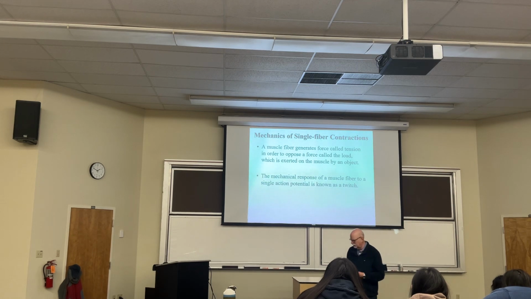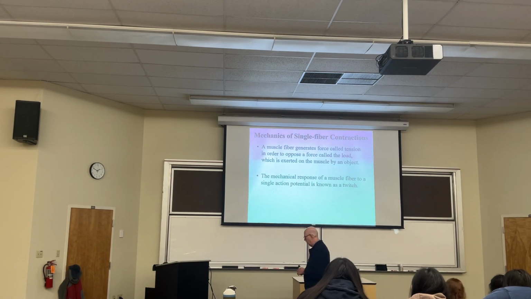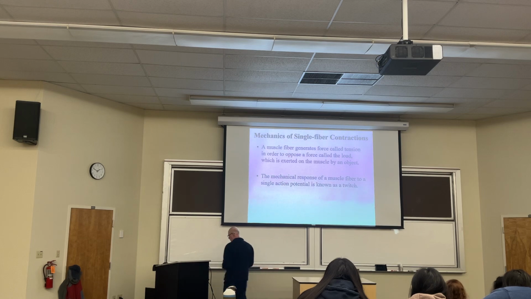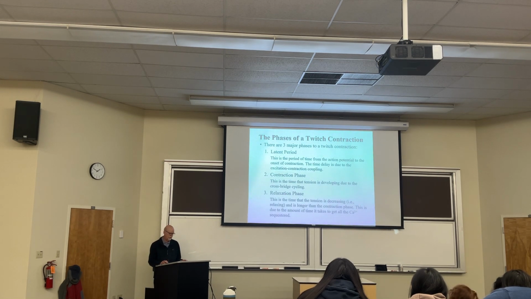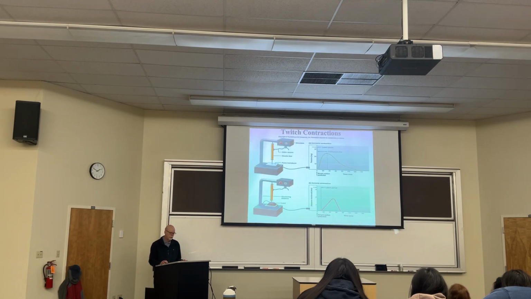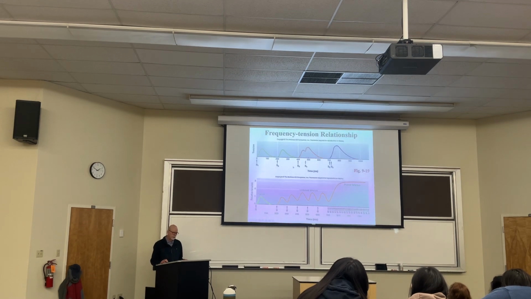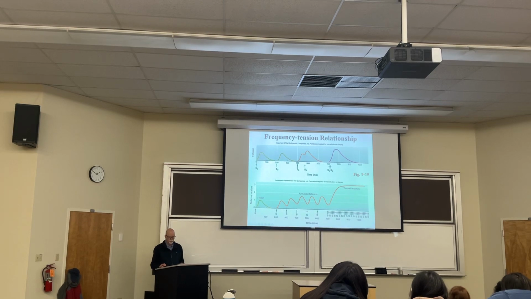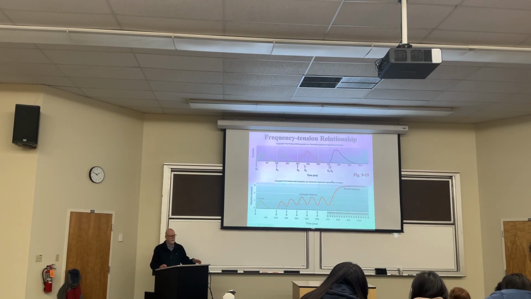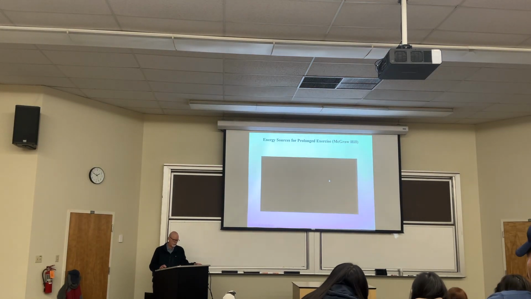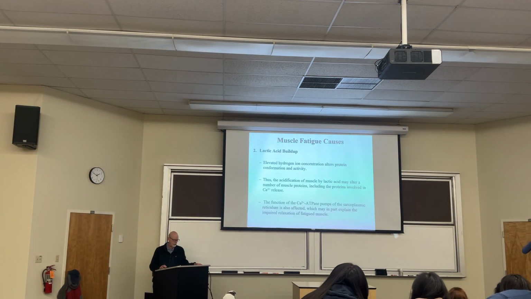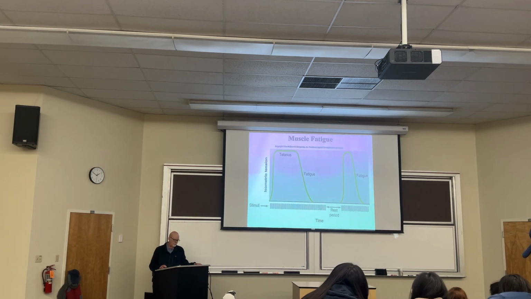So tomorrow, just as a quick preview, we're going to go over the forces of contraction for muscle. We're going to look at isotonic and isometric contractions and compare them. And we're going to look at tetanus, fused tetanus. You saw some of that in the muscle videos if you've watched them already. And then we're going to look at the energetics, and fatigue, and all of that.